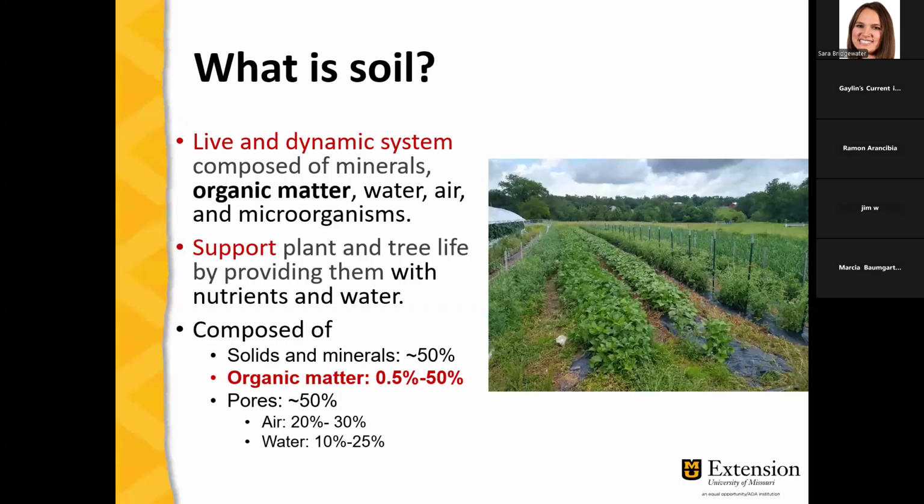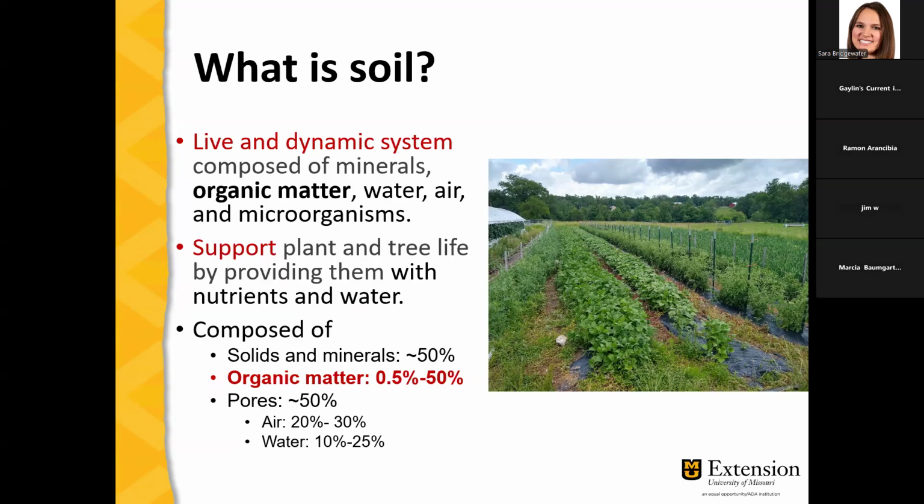The other 50% is usually pores. But in the solids and minerals, there could be a lot or a little organic matter, from 0.5% to actually 50%. There are soils called muck soils, many in Michigan and in Florida, that are practically only organic matter. So there's very little solid material except organic matter.